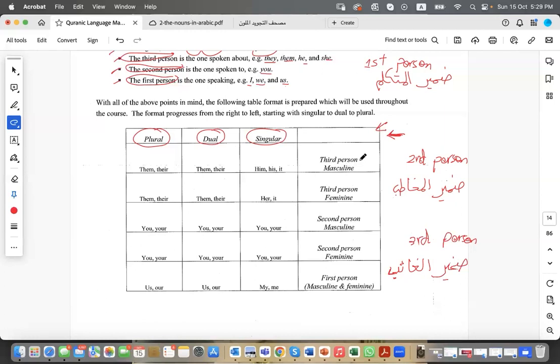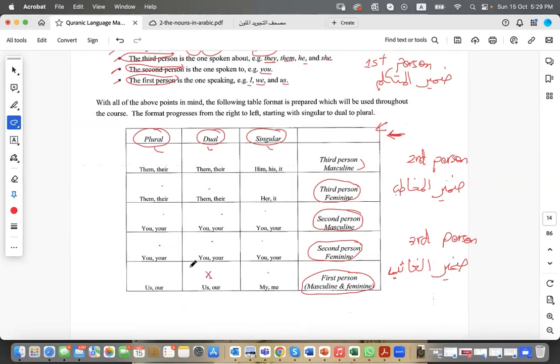It starts with third person masculine, in the singular, in the dual, in the plural, and then third person feminine, also singular, dual, plural, second person masculine, singular, dual, and plural, second person feminine, singular, dual, plural, first person masculine and feminine, singular, dual, there is no dual in the first person.